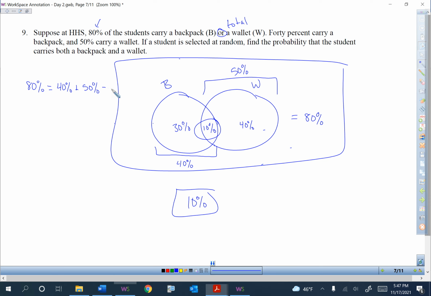You have to subtract off something to make those actually equal, to take care of what's repeated. So when I'm looking at this, the 40% plus the 50% gives me 90, and I'm saying that goes over 80% by 10. So that's another way to get the 10% without using the picture in the way that we used it. All right, so the formula's got your back if you're ever stuck.